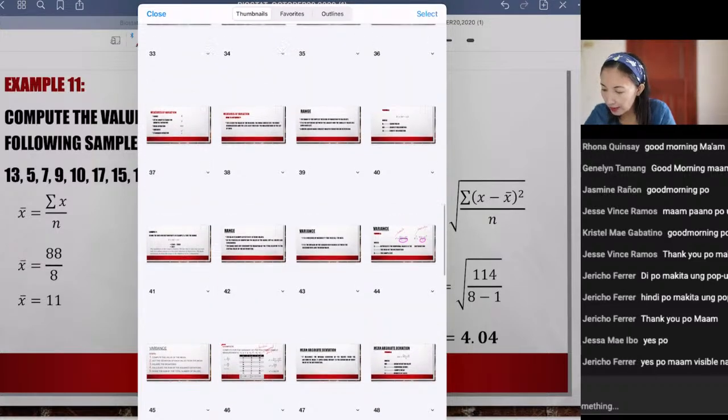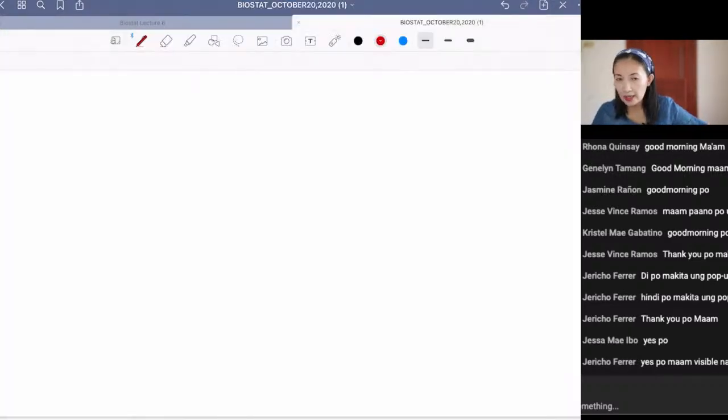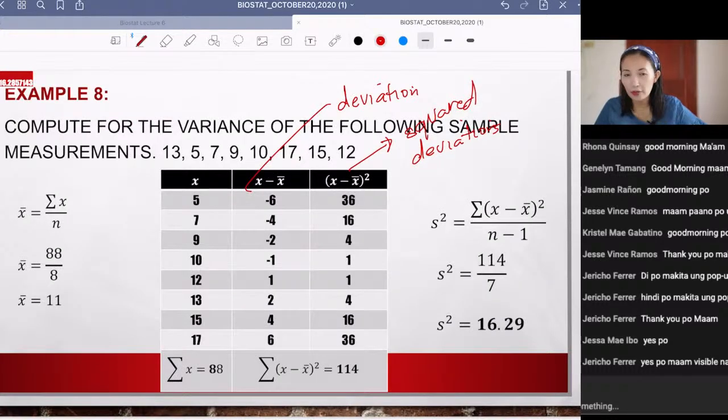Our answer was 16.29. So if the problem asks for the standard deviation, then s would simply be the square root of 16.29, and that gives the standard deviation.